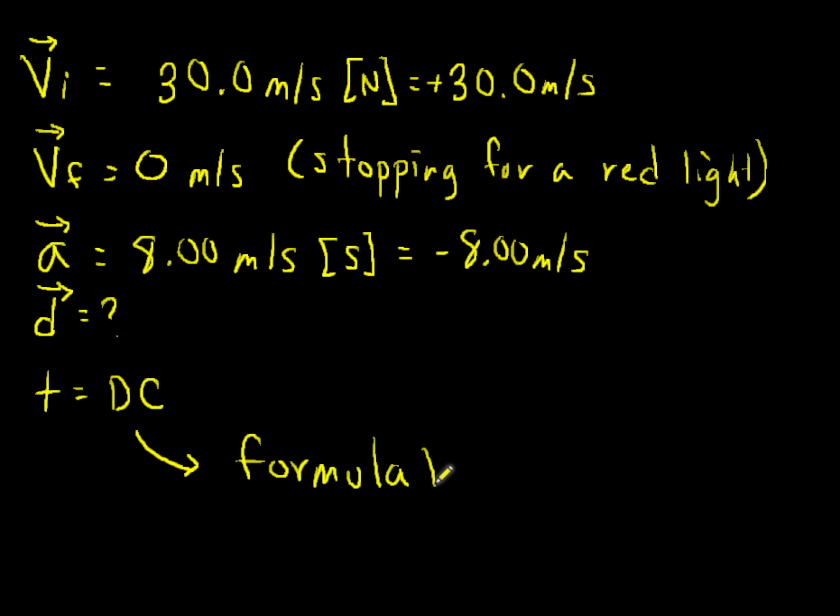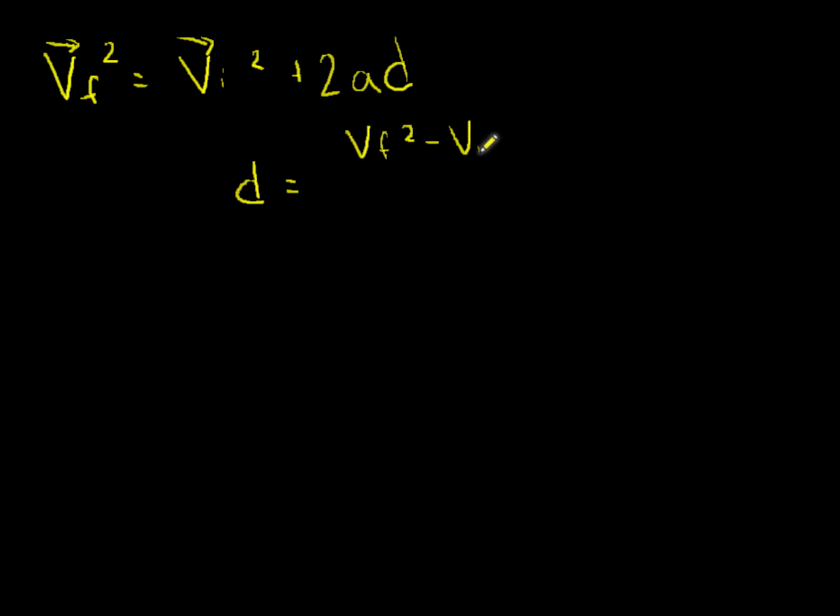Because t is dc, we use formula number 2, which doesn't include time in it at all. Formula number 2 is Vf squared equals Vi squared plus 2ad. We can rearrange this for d. d equals Vf squared minus Vi squared over 2a.